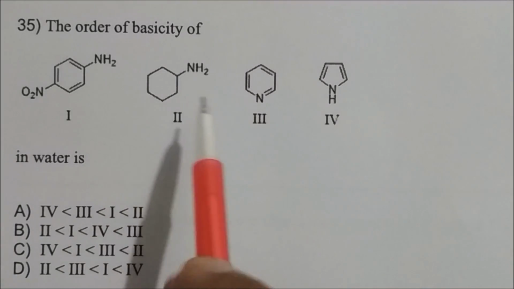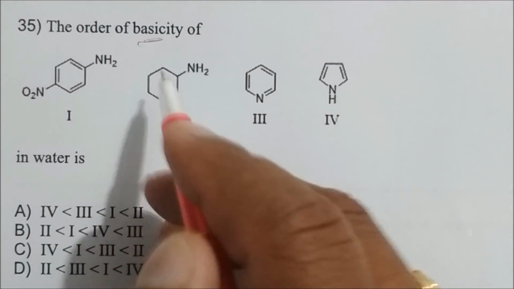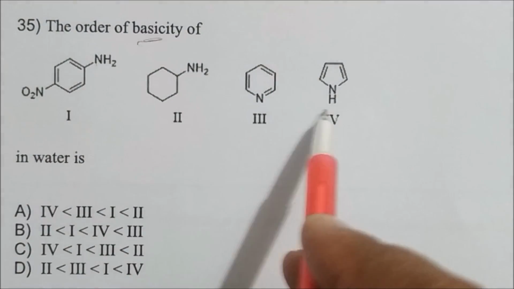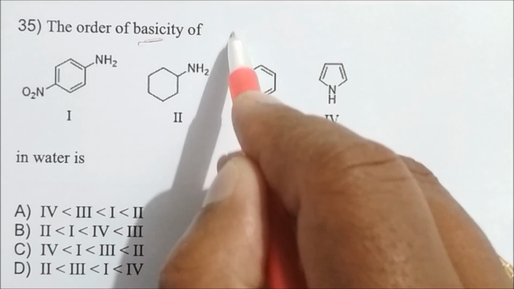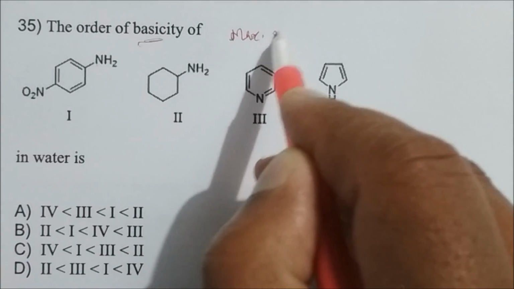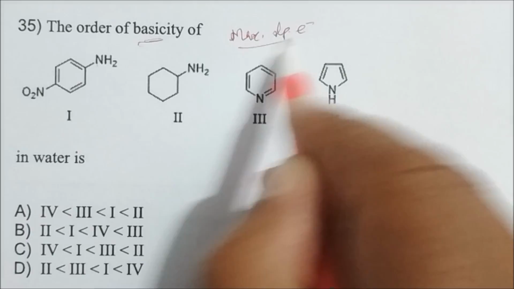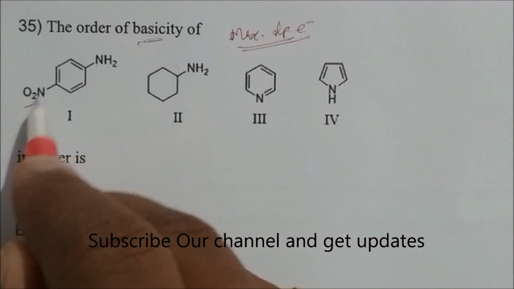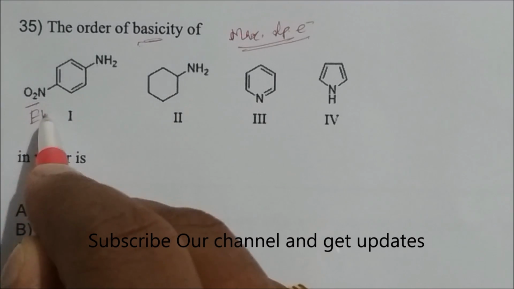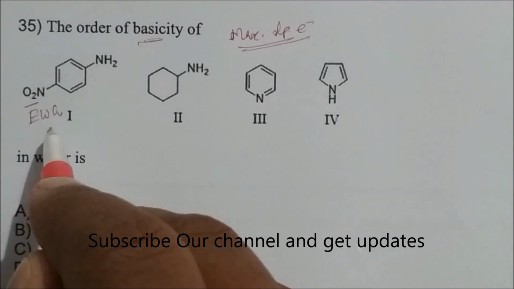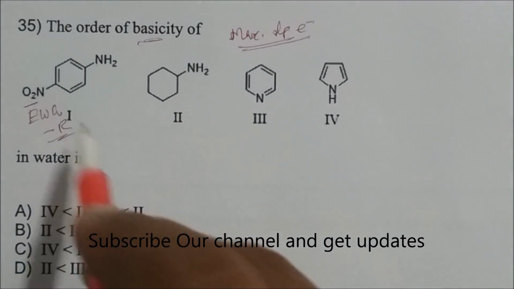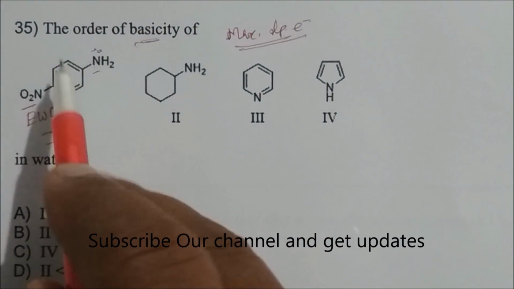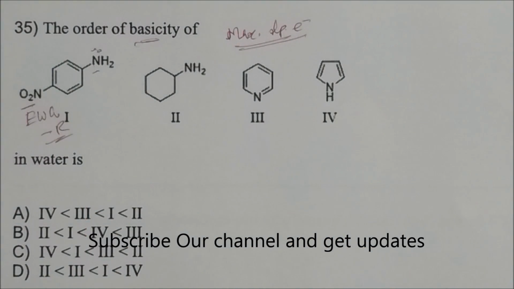The order of basicity. Basicity is defined by the nitrogen. If you see carefully, all have nitrogen present, so we will see which nitrogen has the maximum lone pair available. This NO2 is at the para position, a very strong electron withdrawing group, so you have a minus R effect. Definitely the lone pair of the nitrogen is not available, so density will decrease.